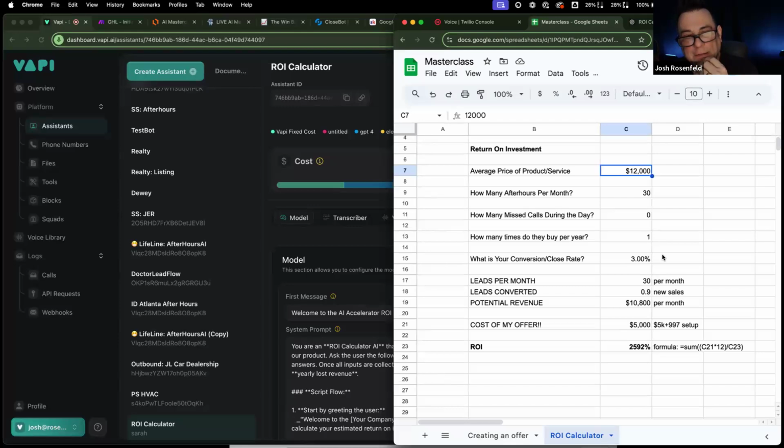Conversion rate, 3%, which is 0.03 in decimal form. Now let's calculate the ROI and other figures. 1 equals after hours calls plus missed calls equals 30 plus 0 equals 30. 2 equals leads per month times conversion rate, 30 times 0.03 equals 0.9.